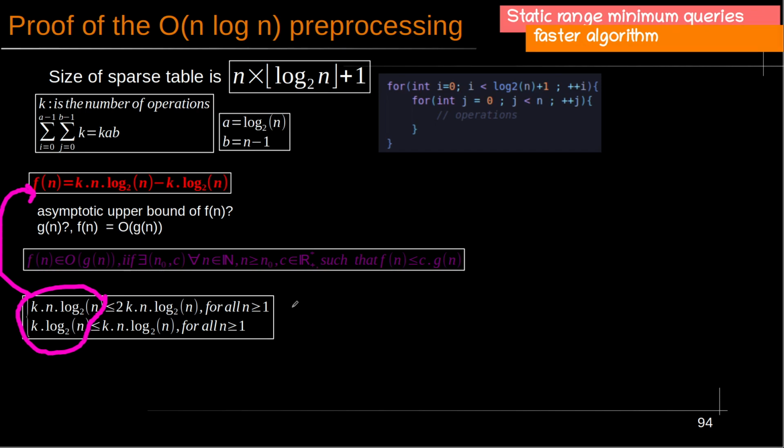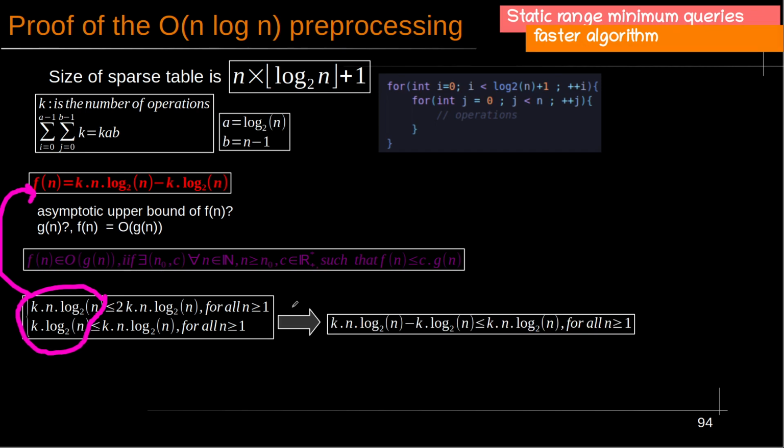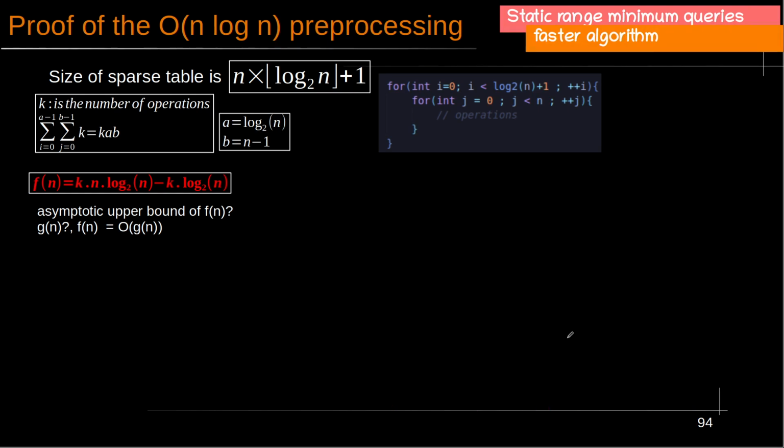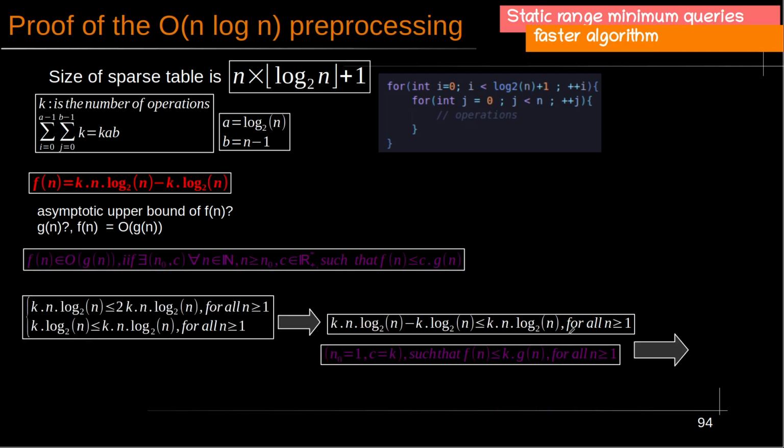So this leads us to our function fn being less or equal than k n log base 2 of n. Okay, this is our c times gn.